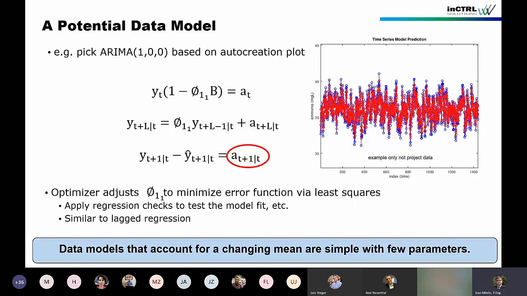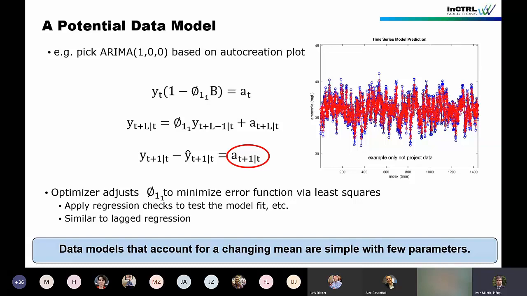And you can do this prediction over a horizon of whatever length. In this case, I labeled it L, but you can do a prediction horizon over many samples if you need to, and depending on the order of your model, that can be pretty effective.